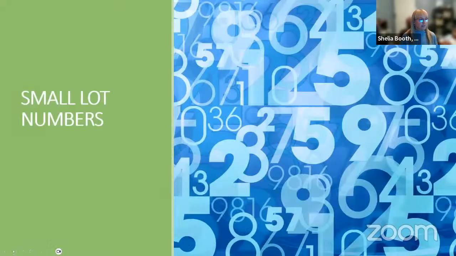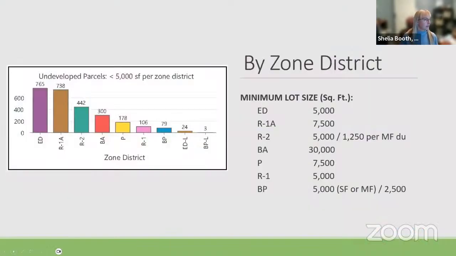So small lot by the numbers, what are we actually talking about? First of all, by zone district on the right-hand side, you can see the minimum lot sizes. In your districts that allow residential development, 5,000 square feet for single family detached seems to be across the board the smallest you can do.